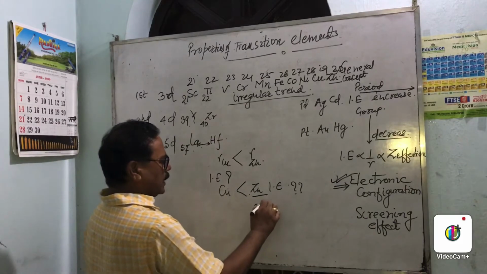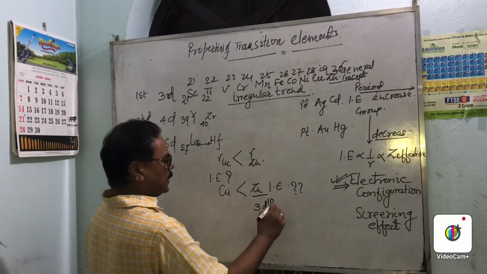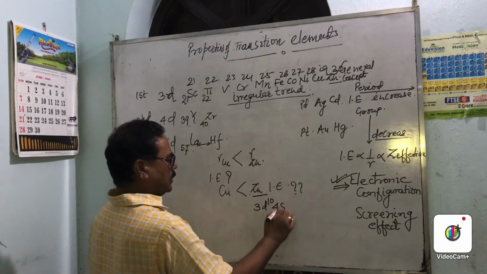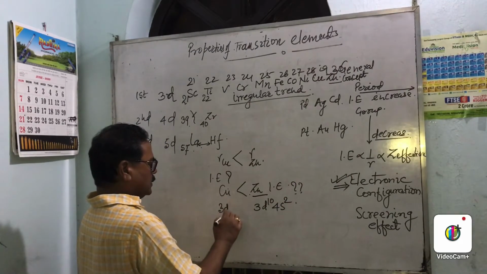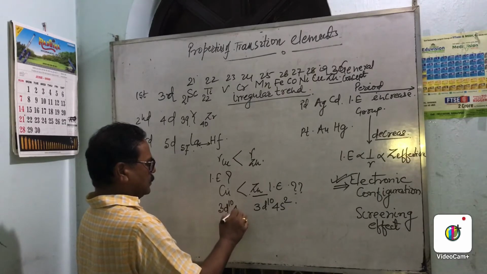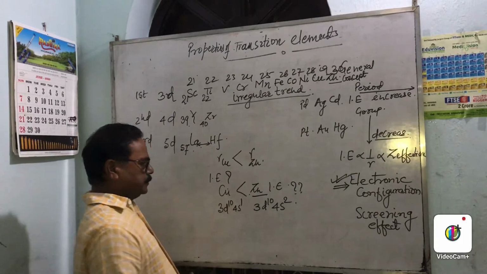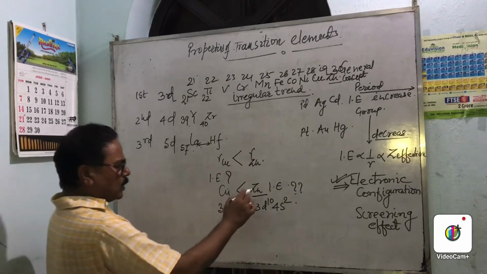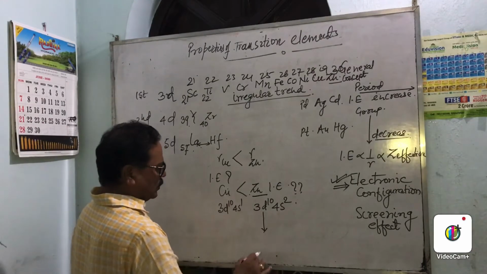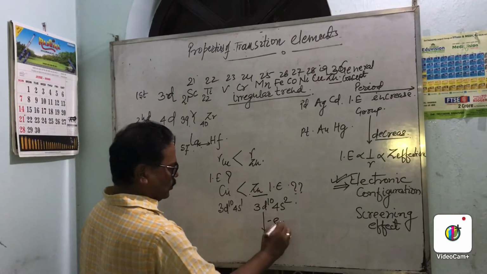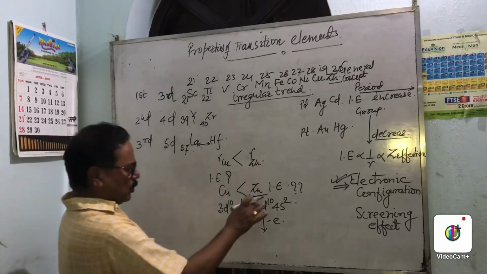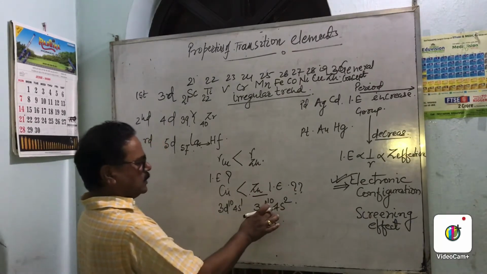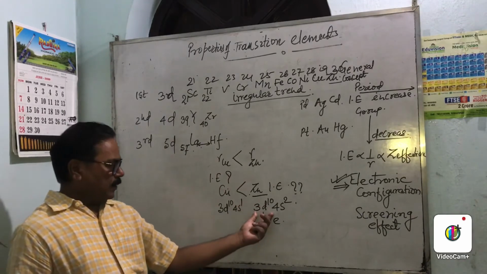If we look at the electronic configuration, zinc is 3d10 4s2 and copper is 3d10 4s1. To remove the first electron from zinc, we are removing it from a stable configuration, because the d and s subshells are completely filled.